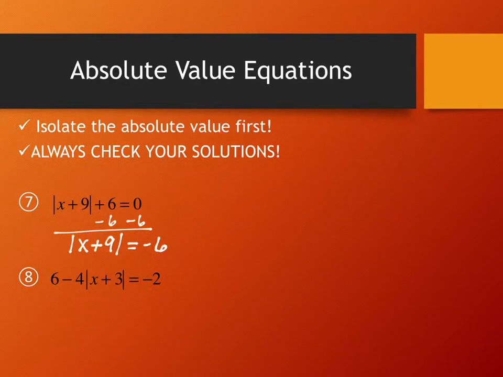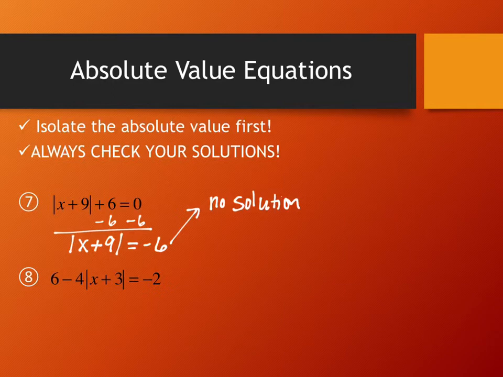Because we've talked about absolute values before, we've also talked about the fact that after you take an absolute value of something, it always becomes positive, right? It's measuring a distance. So I can't take an absolute value and get a negative number. It's not possible. So this actually becomes no solution.